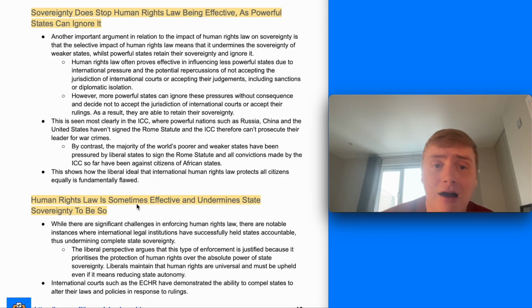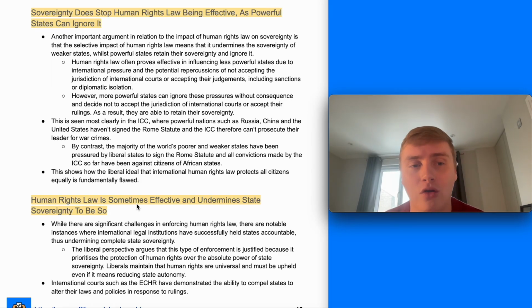On the other hand, though, more powerful states can ignore these pressures without consequence and decide not to accept the jurisdiction of international courts or accept their rulings. That can be seen in the ICC, where Russia, China, and the United States, the 3 kind of most powerful states in global politics, have decided not to sign the Rome Statute, and therefore the ICC can't prosecute their leaders for war crimes.